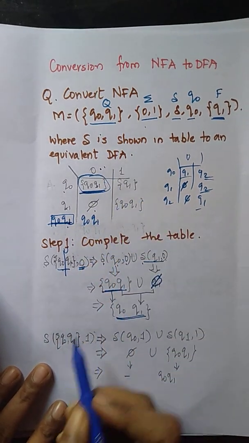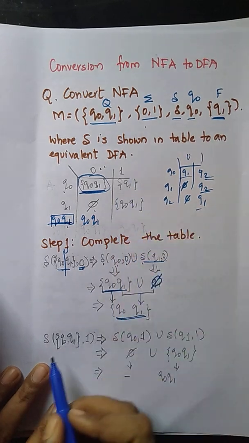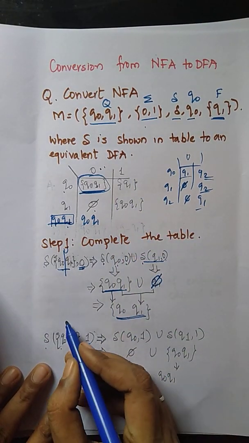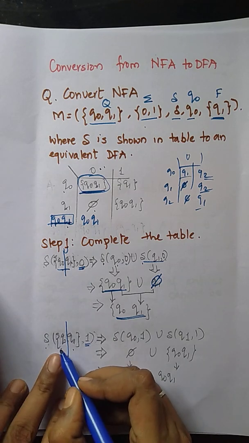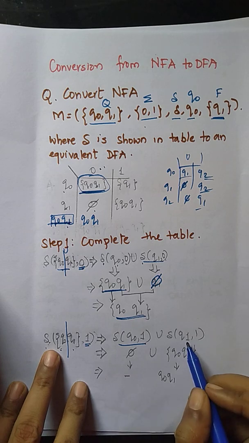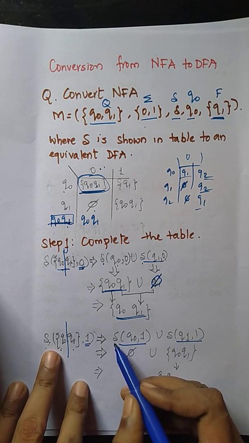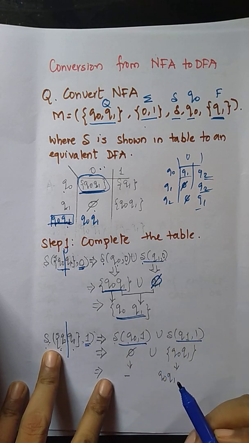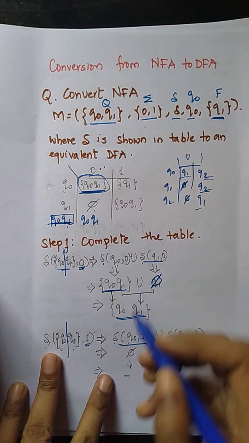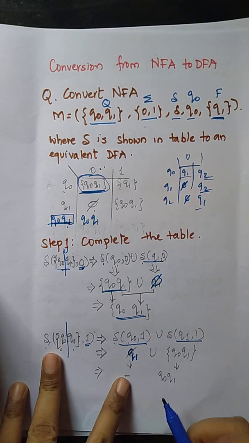Now the remaining one, {Q0, Q1} with 1. So the transition of {Q0, Q1} on 1. We are going to divide it: the transition of Q0 with the input 1, and the transition of Q1 with the input 1. The transition of Q0 on the input 1 is going to Q1.